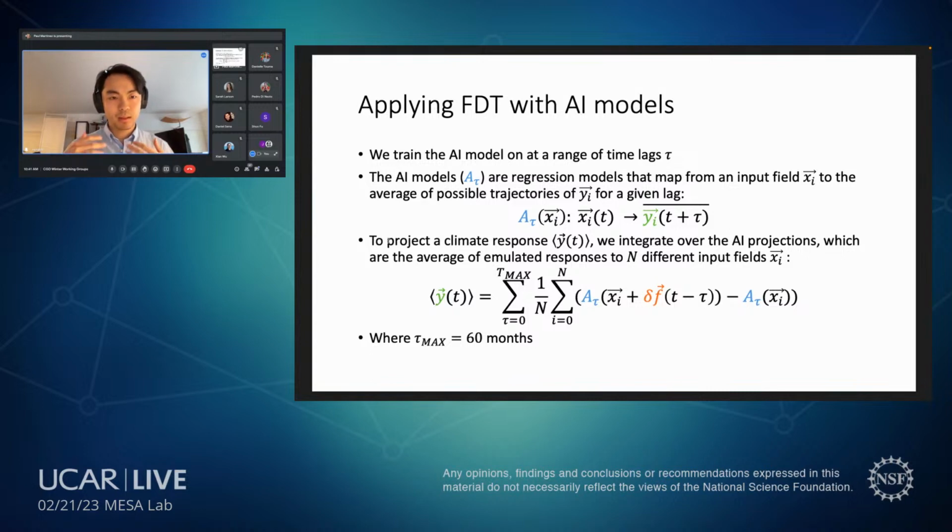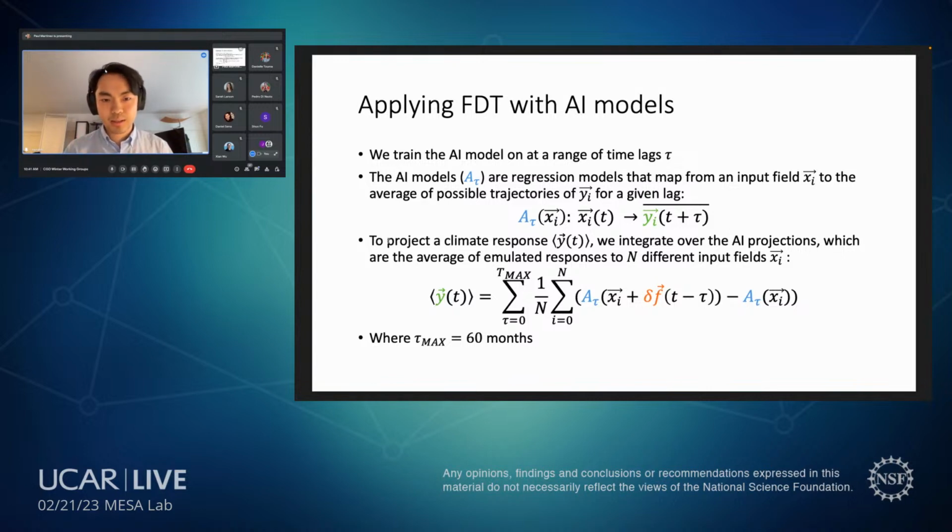Each of these AI models, as I said, are regression models. And essentially what they do is they map from the input field X of i, which is the radiation anomalies, to what I'm interpreting as the average of possible trajectories of the output variables Y for a given time lag tau.